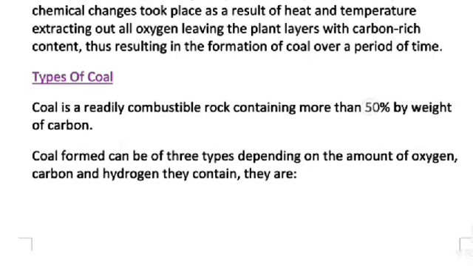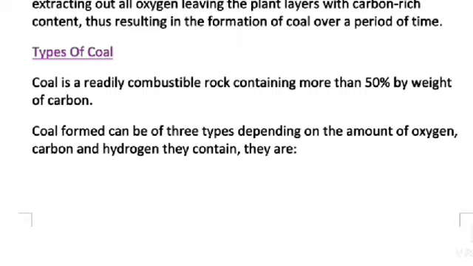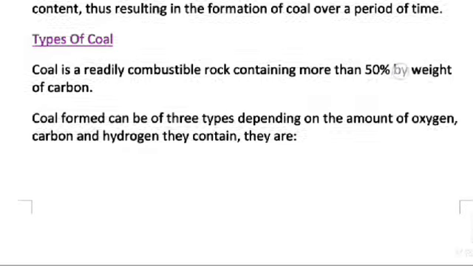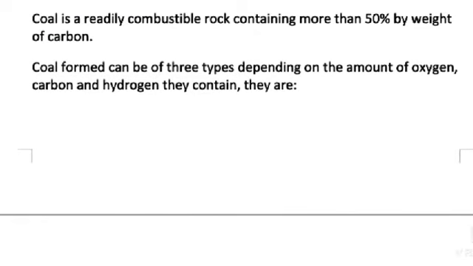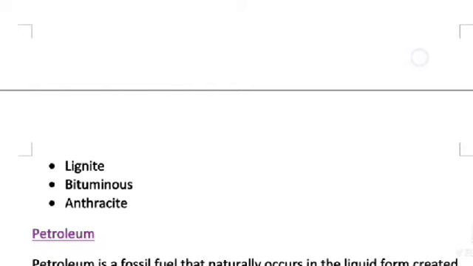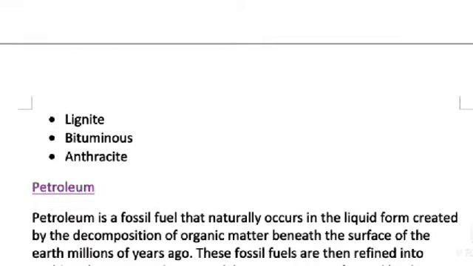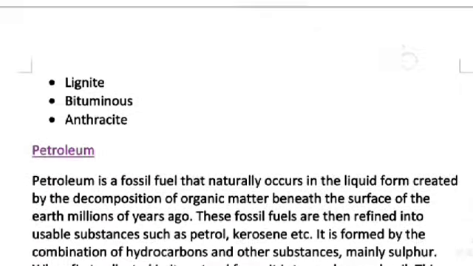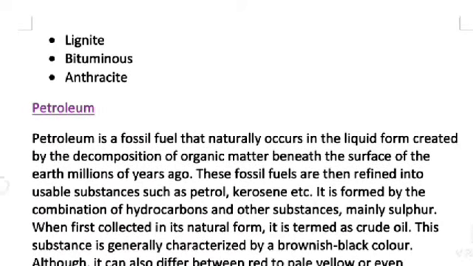Types of coal. Coal is a readily combustible rock containing more than 50% weight of carbon. Coal can be of three types depending on the amount of oxygen, carbon and hydrogen they contain. They are lignite, bituminous and anthracite.